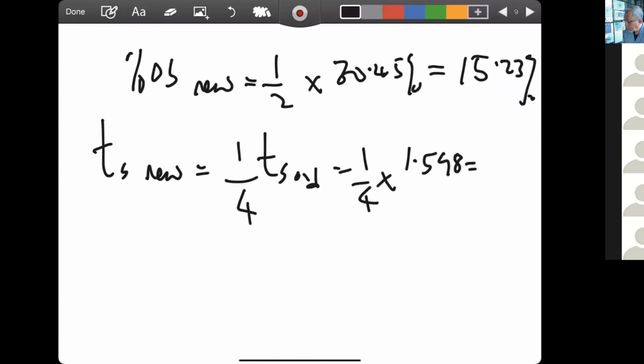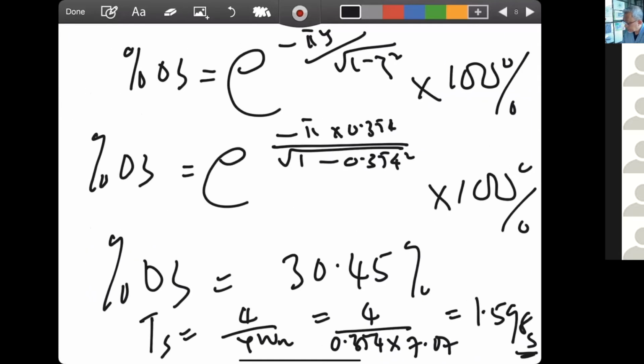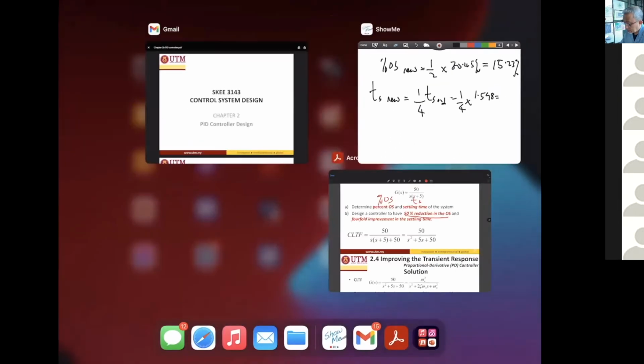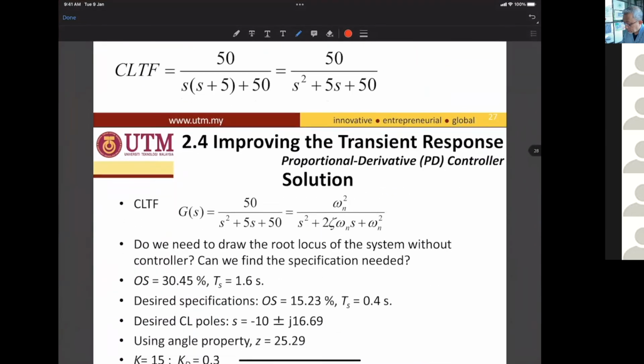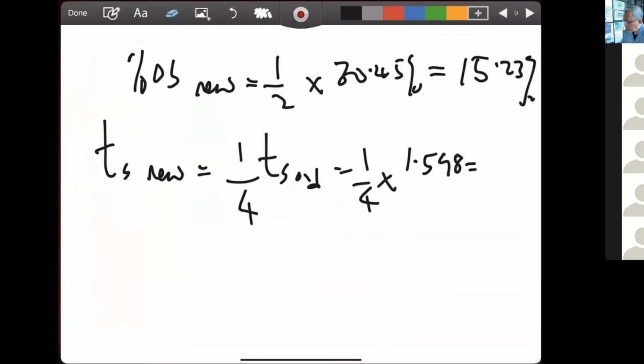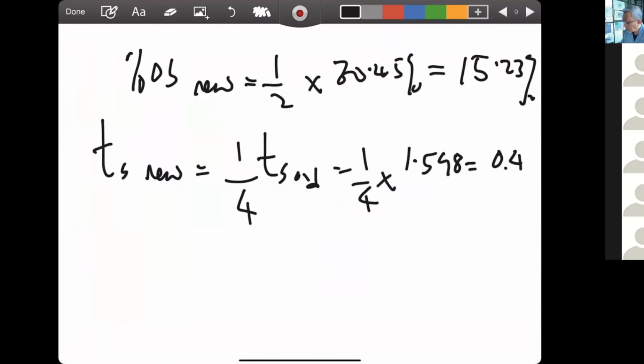Berapa? 0.3995. Sesuai lah. 0.4 second lah. Boleh ya? Ini target.